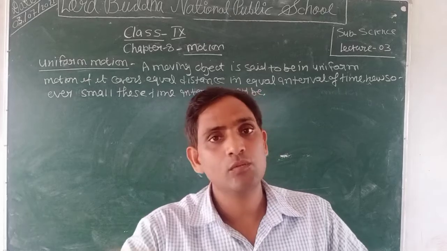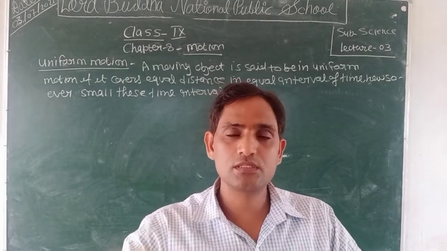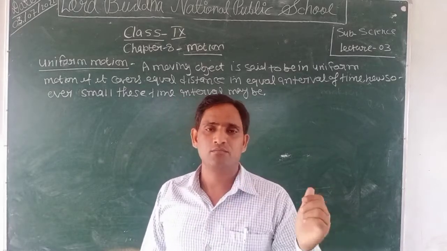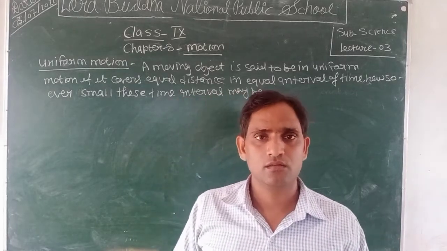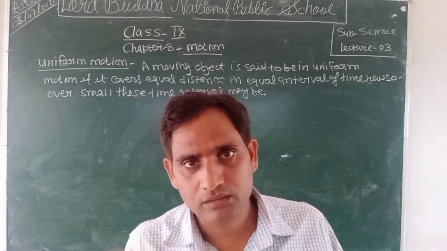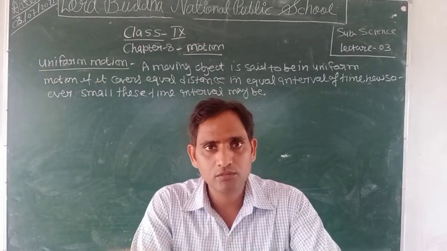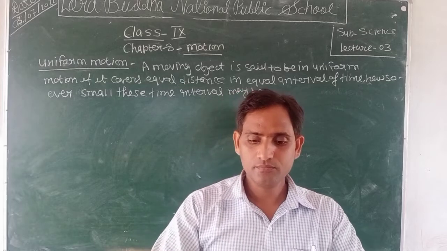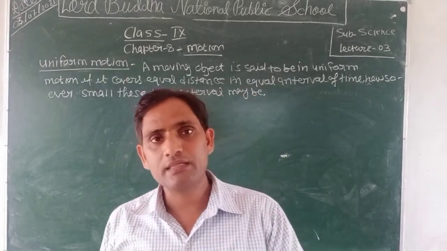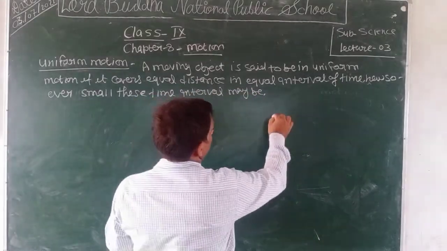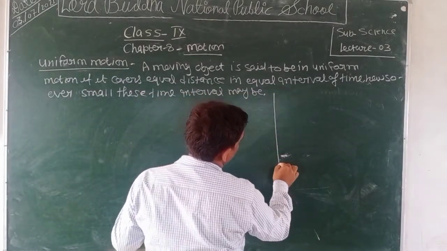If moving object covers equal distance in equal interval of time, then the motion of object will be uniform motion. Clear? If we plot a graph, then it will be a straight line.